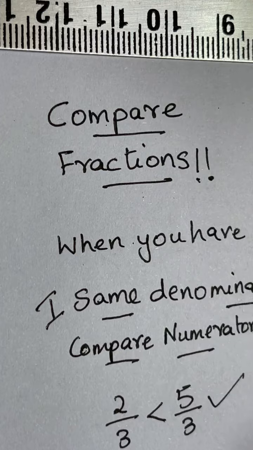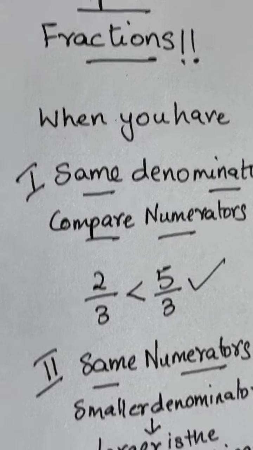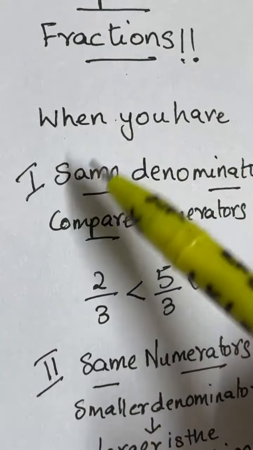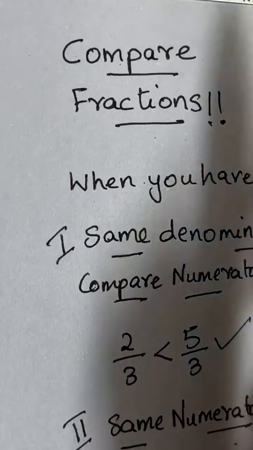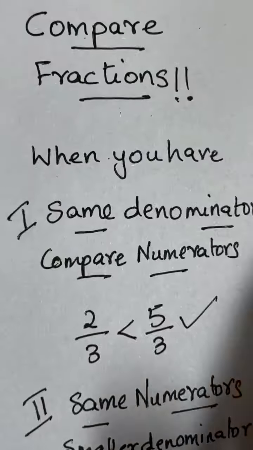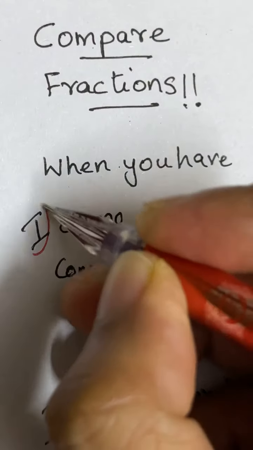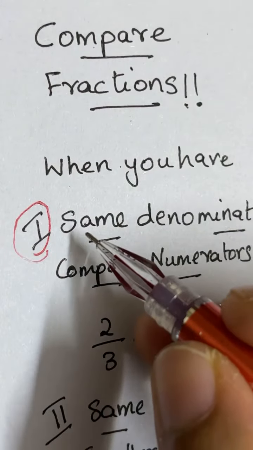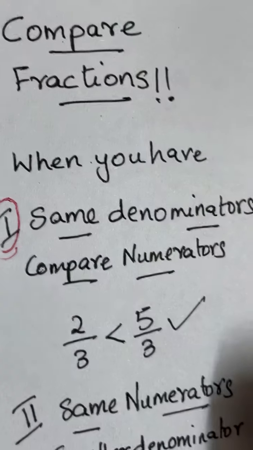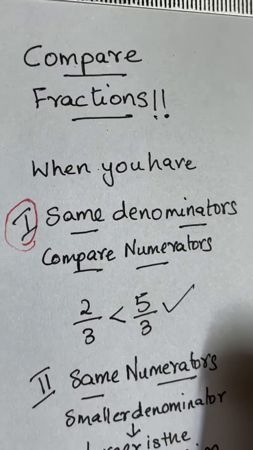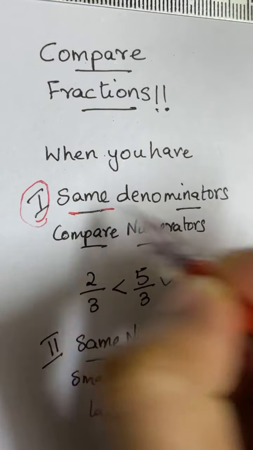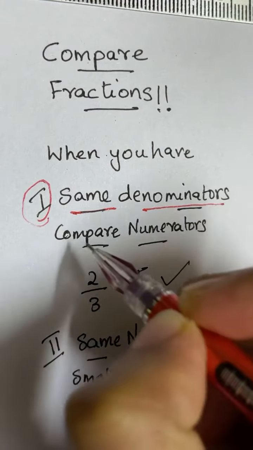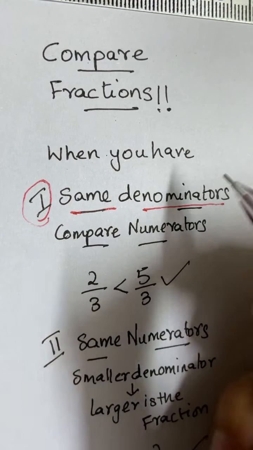So, we're going to start with the first one, which says when you have same denominators. When you have same denominators, we compare the numerators directly.